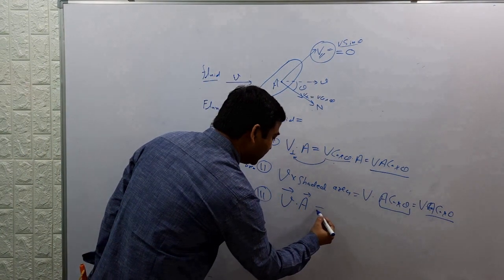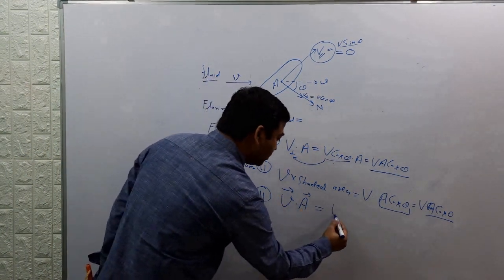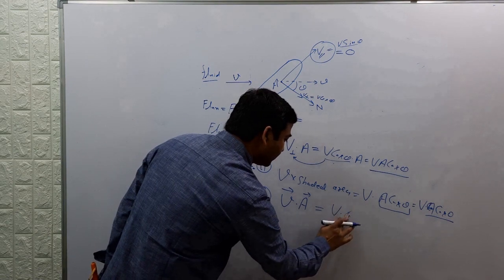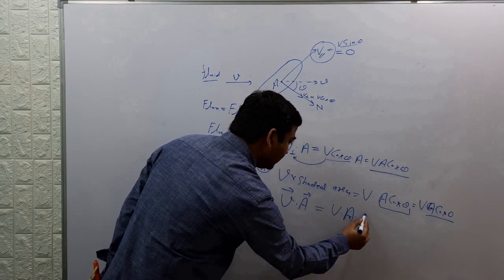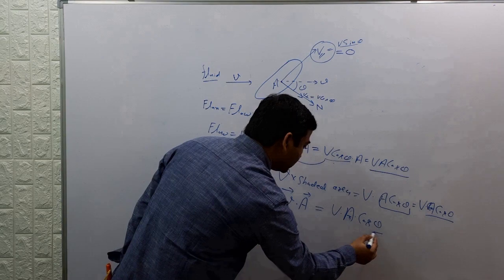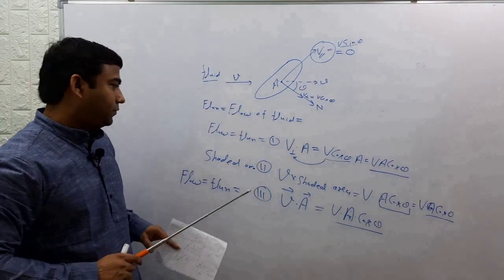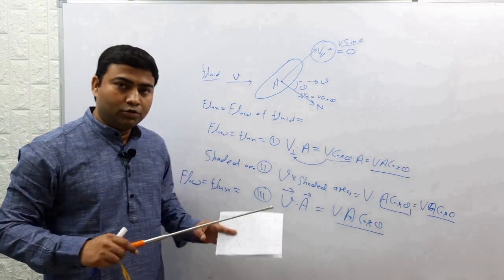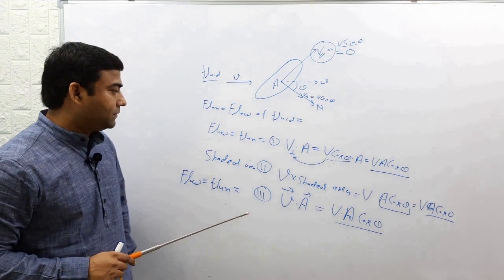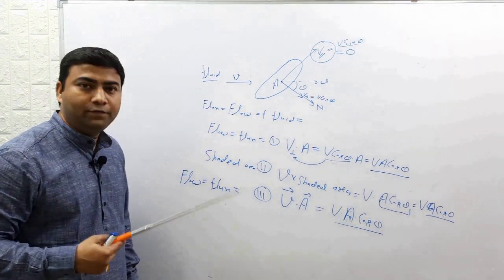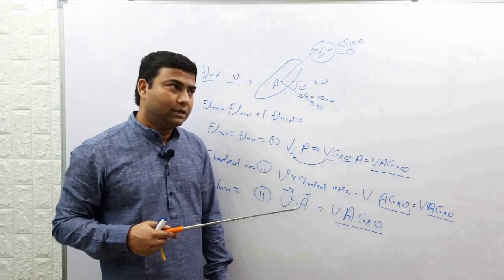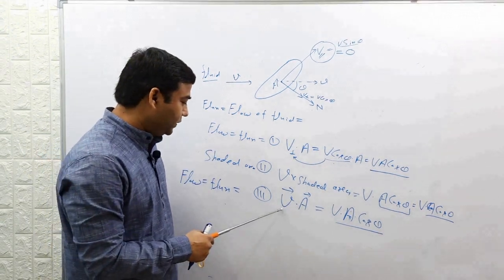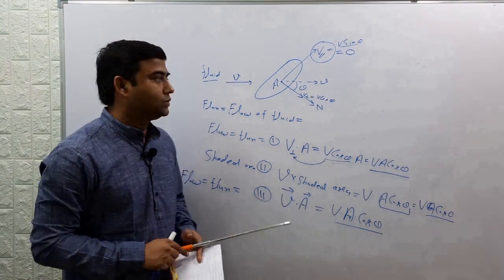By the definition of dot product, this is also v A cos theta.